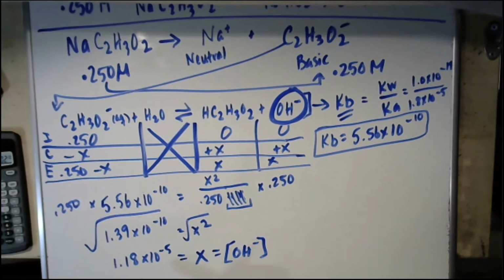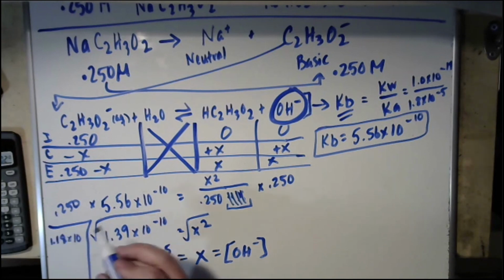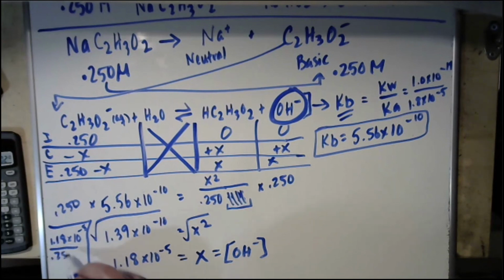Let's do our 5% check real fast. I'll just tuck it in over here. So we're going to do our x value, 1.18 times 10 to the negative 5 divided by 0.25 times 100.